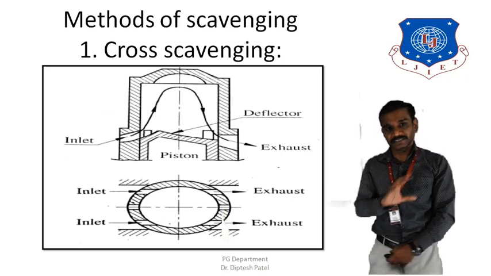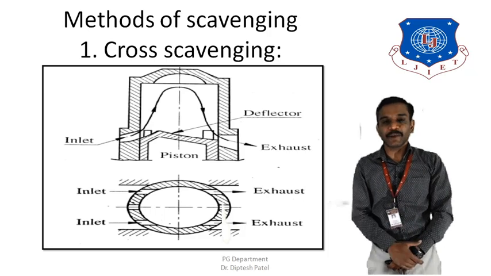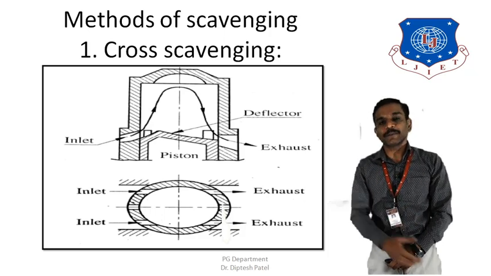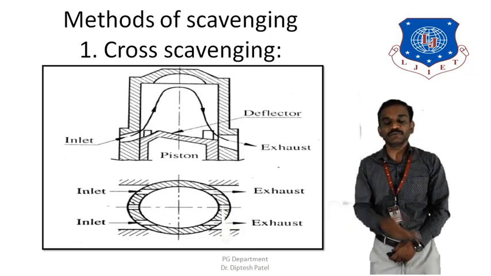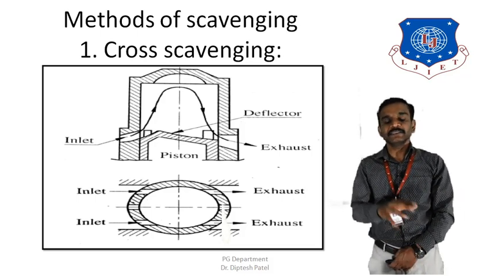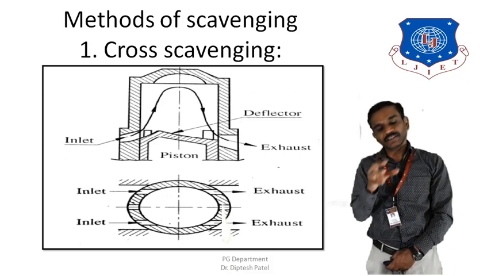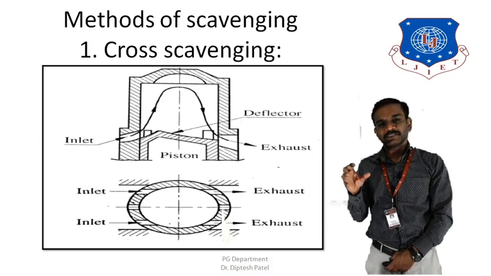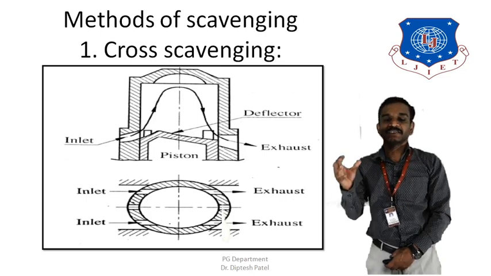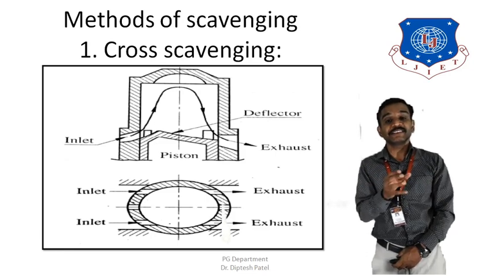Scavenging can be achieved with different arrangements, and the most common arrangement, especially used in a two stroke engine, is crankcase scavenging. Since the inlet port supplies the fresh air and fuel mixture, or maybe just air if it is a diesel engine, it occupies the space underneath the piston, which is known as the crankcase.